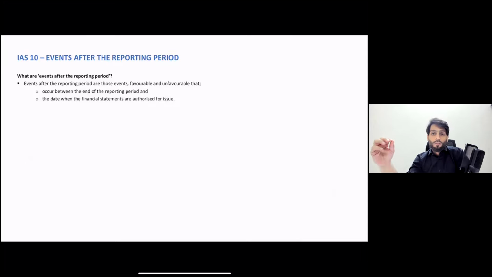Now, before we move forward and discuss the accounting implications mentioned in this accounting standard, first we need to understand what we call events after the reporting period. What do we mean by this term?